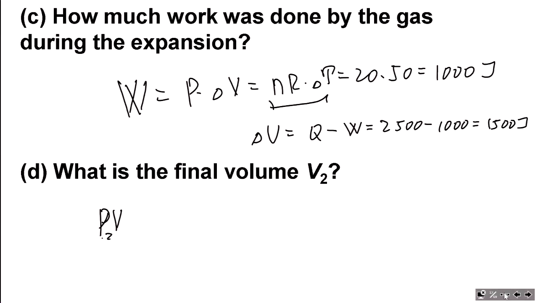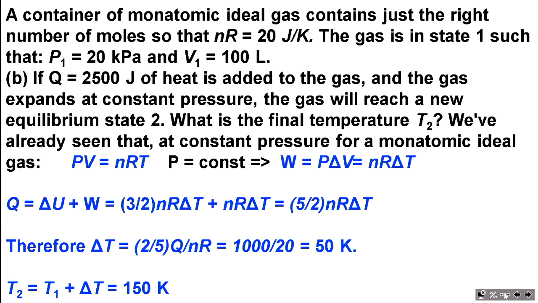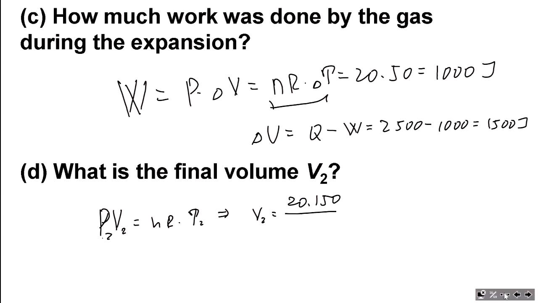And if you want to calculate the final volume, now you just have to apply the ideal gas law equation one more time, because we know everything now. It will be equal to 20 times 150 over what was the initial? Well, initial and final pressure should be equal to each other because the pressure remains constant.